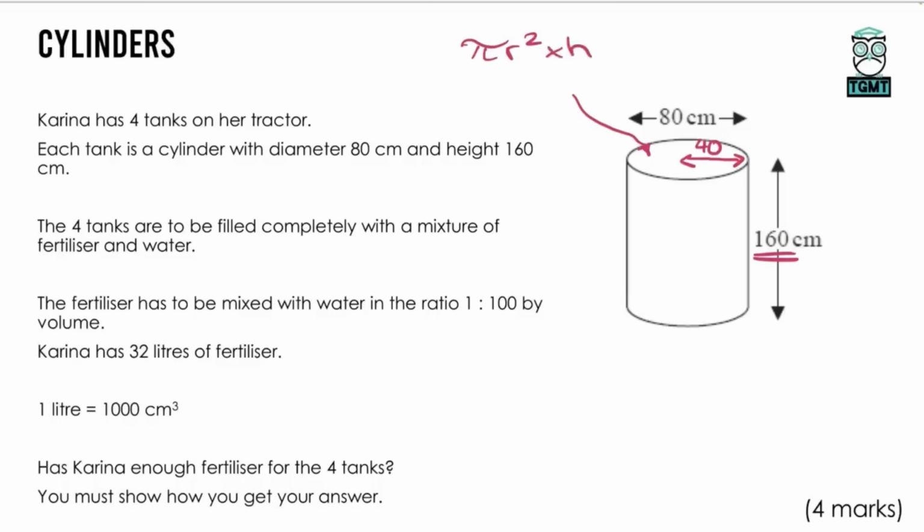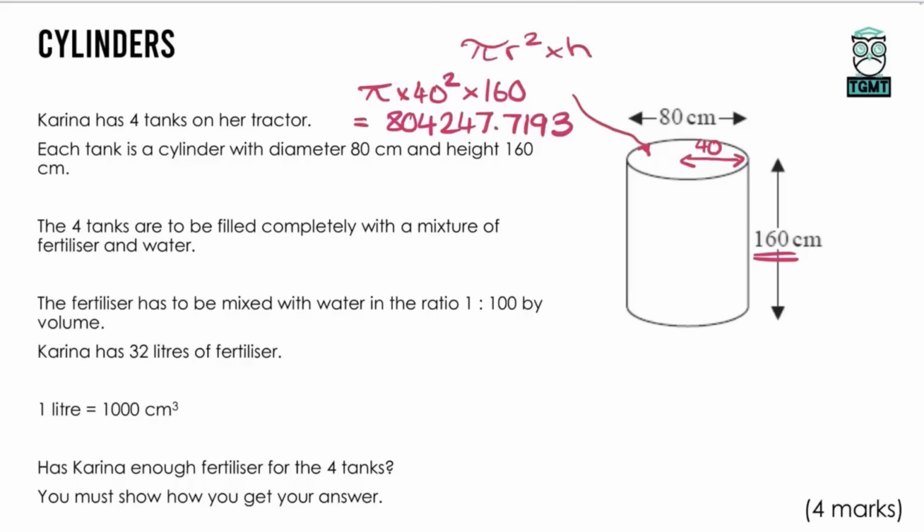So if we work that out, that's going to be pi times 40 squared, and we can either type that in and then times by 160, or we can just times by 160 straight away. And let's just write that down then. So pi times 40 squared times 160, and that gives us a very large volume here, but we get 804,247.7193.